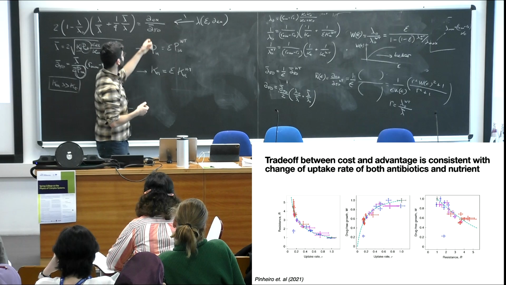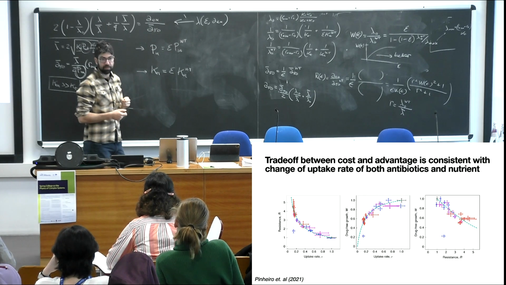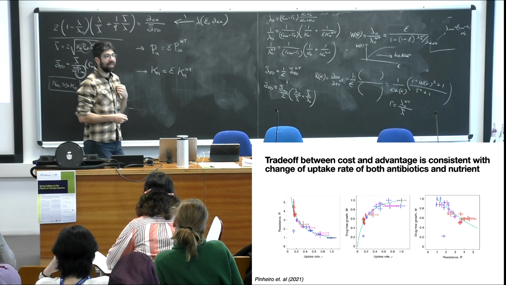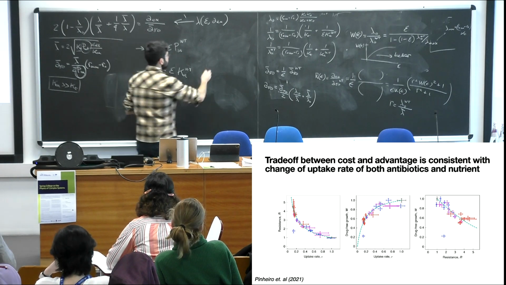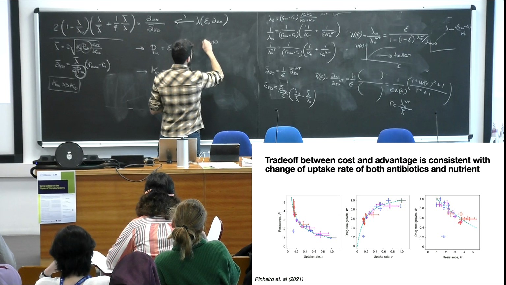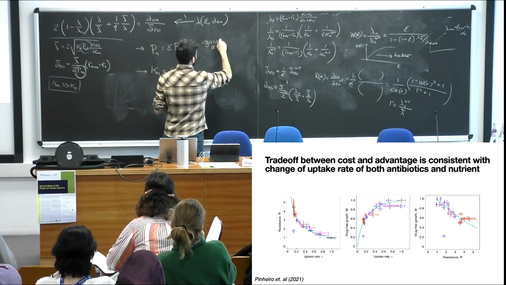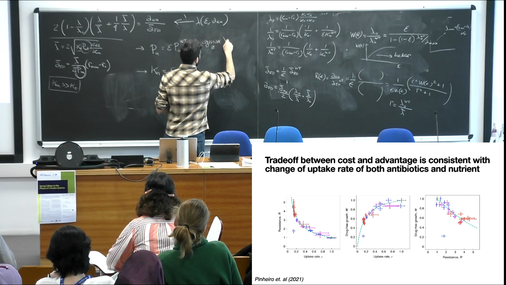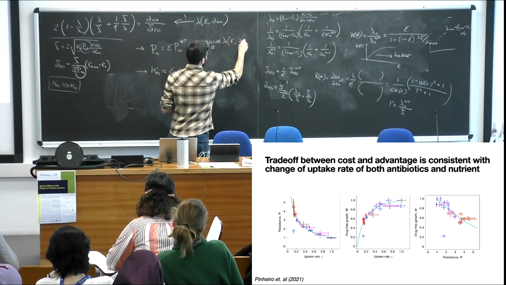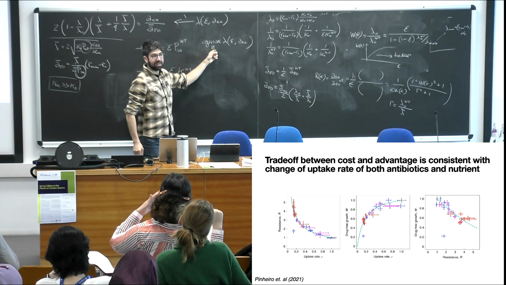Because different values of epsilon will change this A bar and will change the lambda 0. Okay? And then what I can ask is, for a given A X, what is the epsilon which maximizes the growth rate?